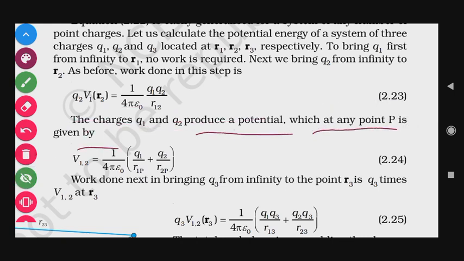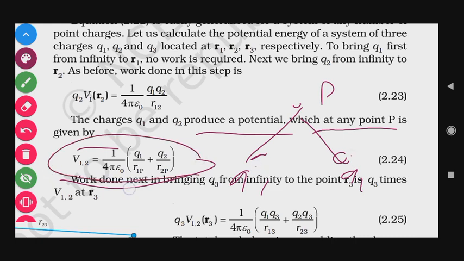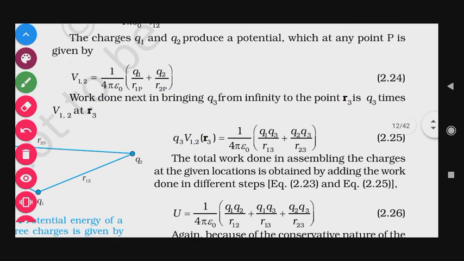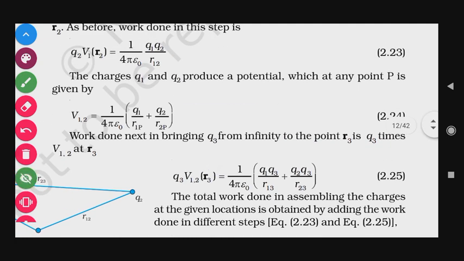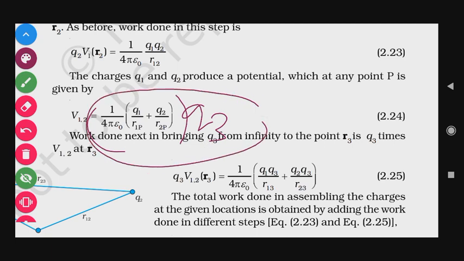That potential will be 1 upon 4 pi epsilon naught, q1 upon r1P plus q2 upon r2P, where r1P and r2P are the distances to the point. The work done in bringing q3 from infinity to point r3 is q3 times this potential, so we multiply by q3.